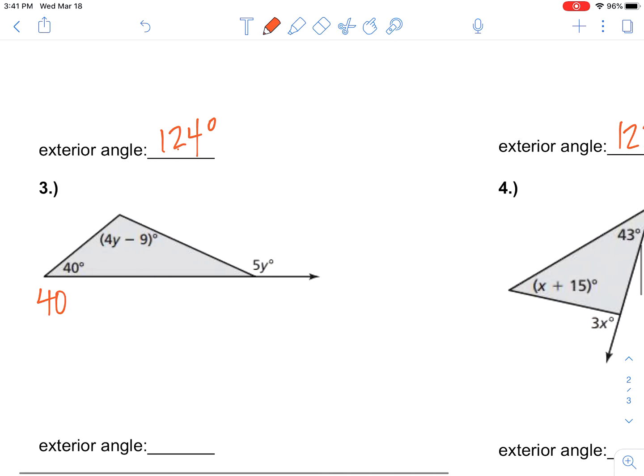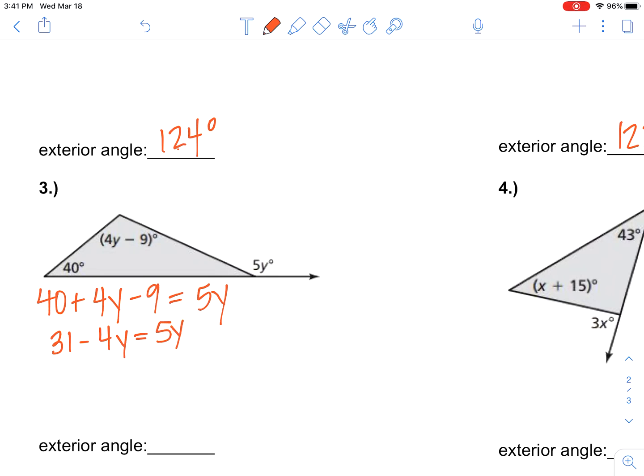So we have an interior of 40 plus an interior of 4y minus 9, all set equal to the exterior angle of 5y. This is obviously going to require a little more algebra. Combine your like terms. 31 minus 4y equals 5y. We're going to add 4y to both sides and get 31 equals 9y.